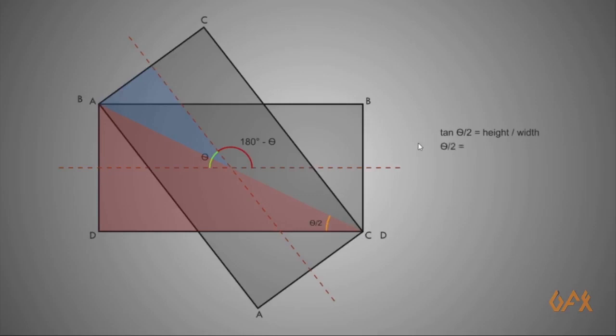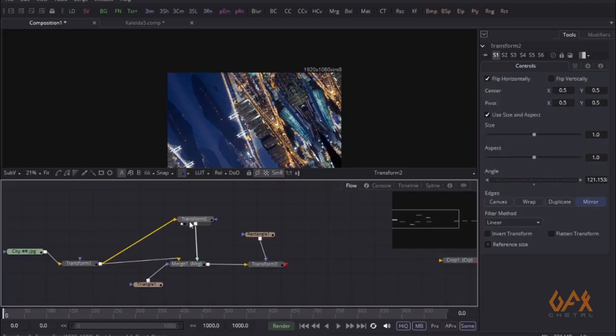So theta divided by 2 is equal to tan inverse of height divided by width. So my theta is equal to 2 into tan inverse of height divided by width, and obviously this angle is 180 minus theta. So we apply this logic over here.